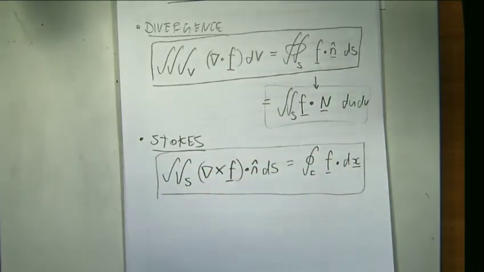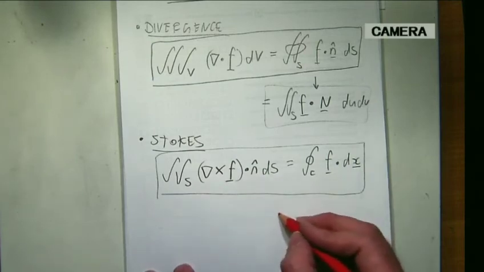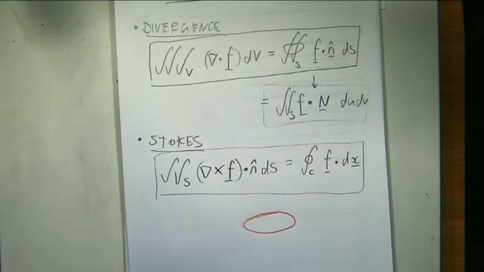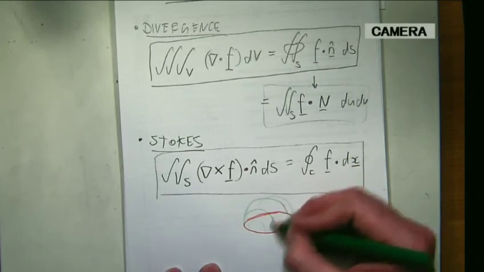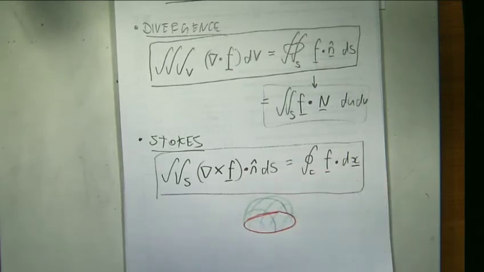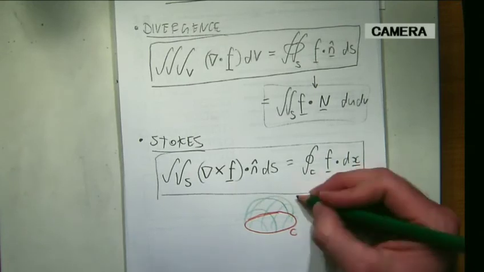So in this one, there's a surface and there's a path, and your surface lives sort of around the path. Okay, the edge of the surface is your path. So this is the C here, and this is the S here.